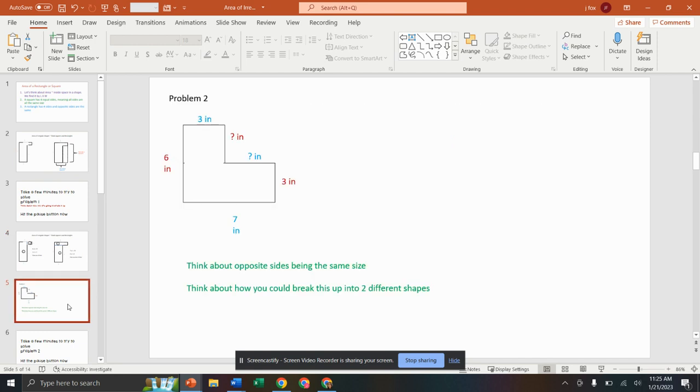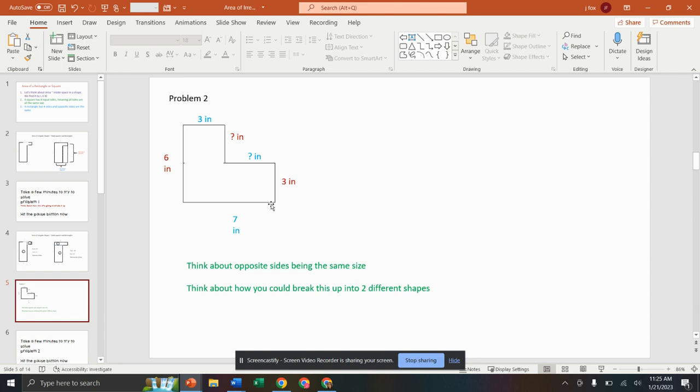So let's try problem 2. All right, so if we look at this shape, you want to think about opposite sides are the same size. Opposite sides are the same size, all right? So let's look, because there are some measurements that are missing. So, all right, here is 7 inches.